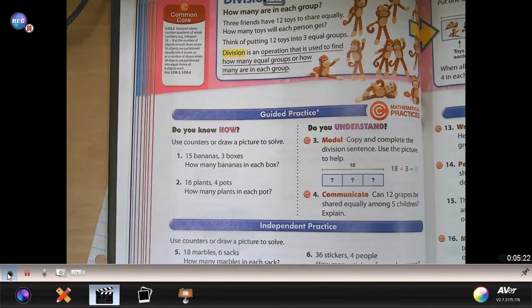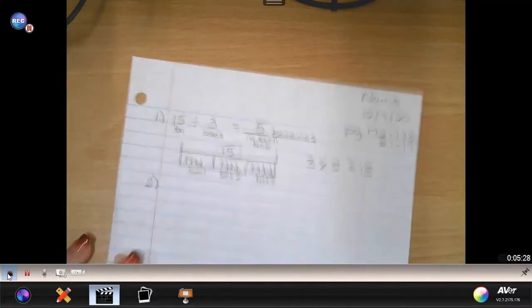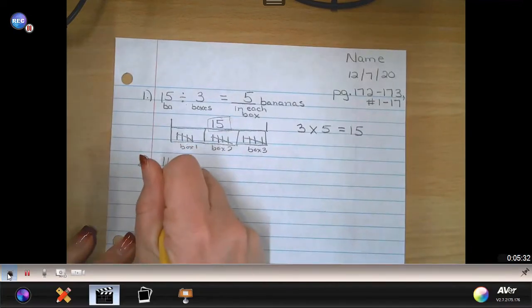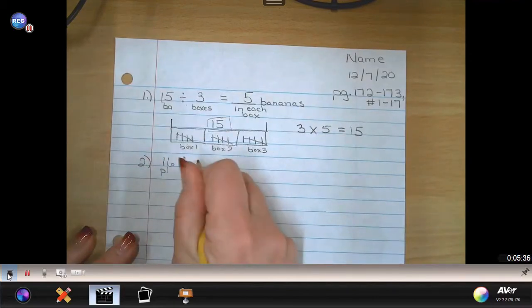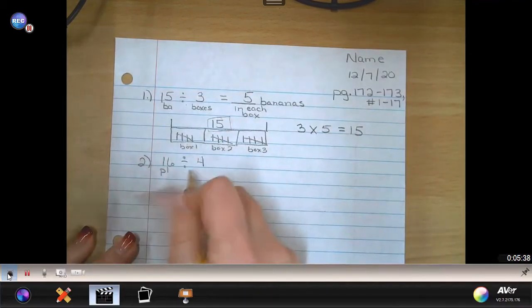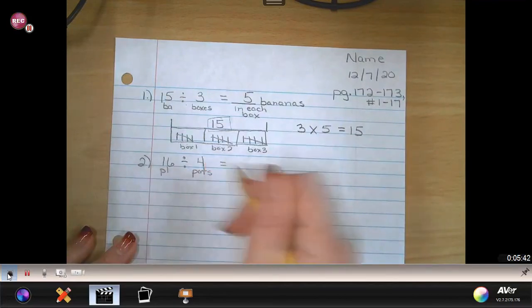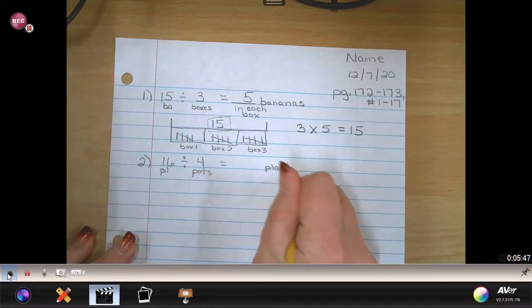So we're sharing the 16 plants into 4 pots. So we're going to write our division sentence. We're going to take the total plants and we're going to share them equally into the pots. And we want to know how many plants are going to be in each pot.